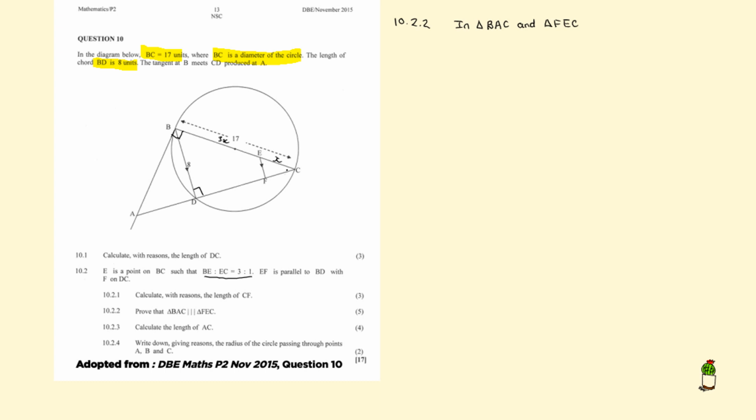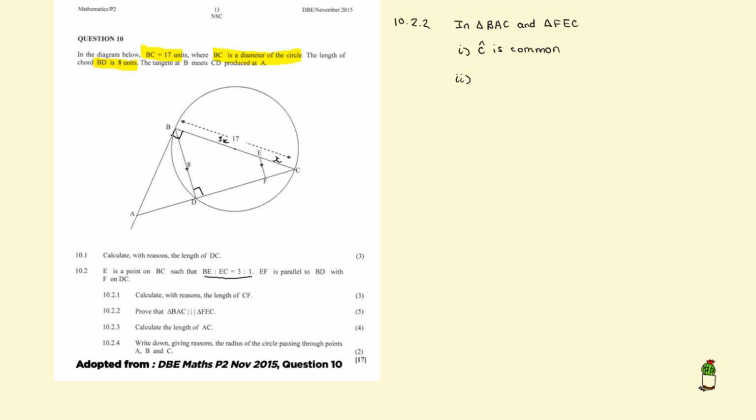Okay, so BAC, FEC, the first thing we can see is that angle C is common, right? The next thing we see over here is that they're saying that angle B is equal to angle F, right? So if we go along this triangle, the small one, there's angle F, and in the big triangle, there's angle B, right?